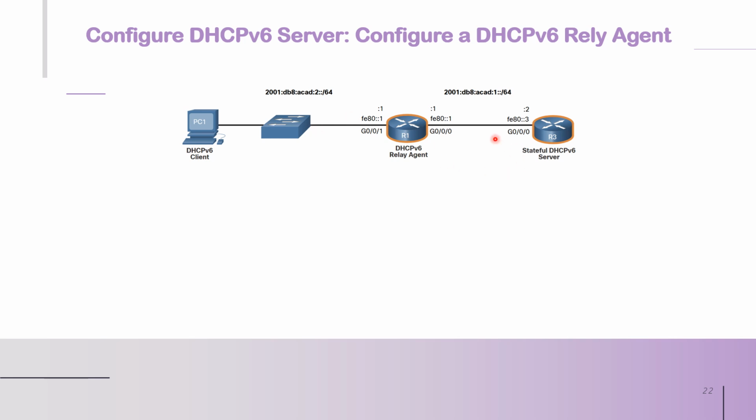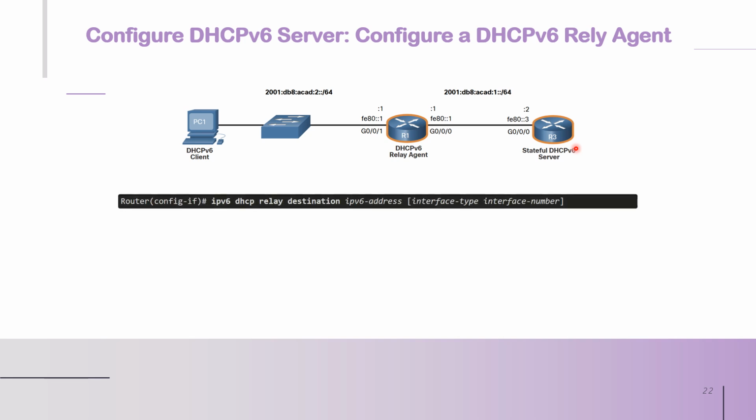Router 1 needs to be configured as a relay agent for router 3. The command syntax to configure a router as a DHCPv6 relay agent is as below. The first thing is to use ipv6 dhcp relay destination, followed by the IPv6 address.